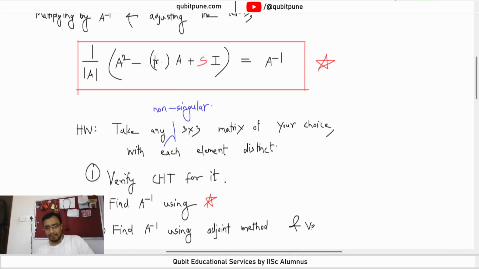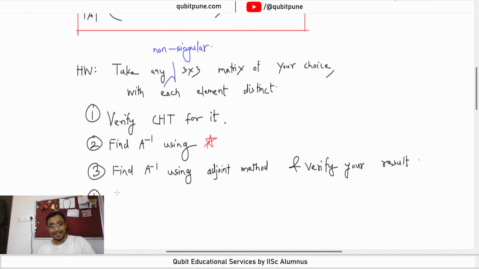And verify your result. Can you do that? Main point, send it to me in PDF.